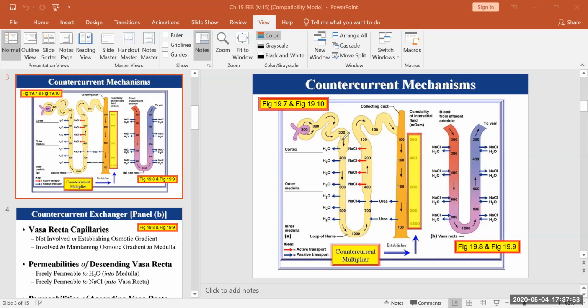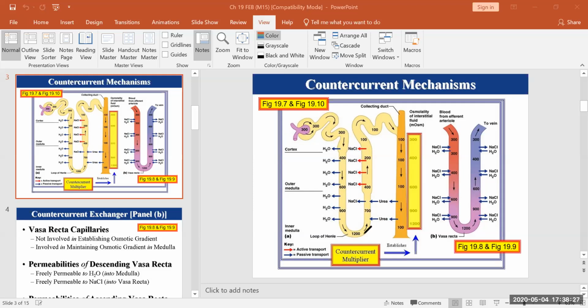So you have here the loop of Henle. And what we're talking about here is the long loop of Henle. This is the loop of Henle belonging to the juxtamedullary nephron, right? This loop of Henle dips down to the entire thickness of the renal medulla inside the renal pyramid, right? So the entire renal pyramid is located in the renal medulla.